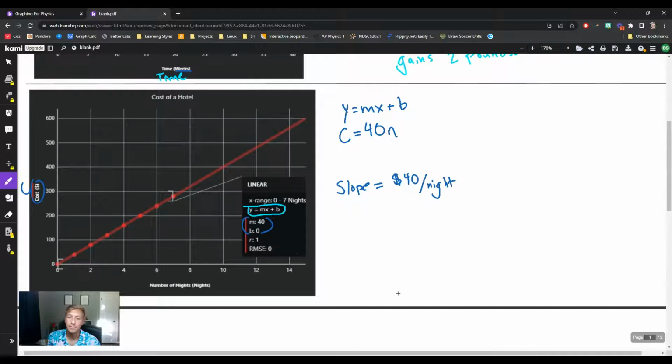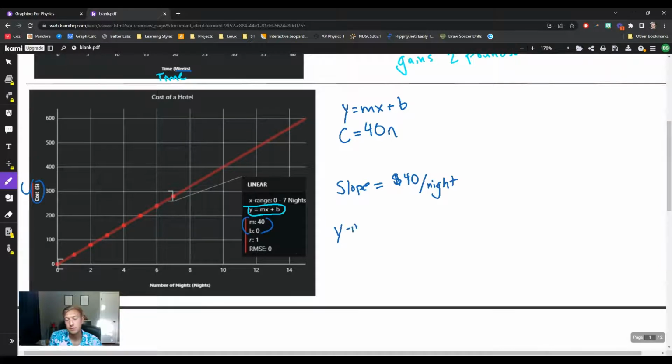Every night that you stay there costs you $40. Now that might change. So you could make a different model here. Maybe there's a deposit that you have to put down, and so maybe it's plus $100. You have to pay $100 before you even stay, something like that. Okay, but for now, $40 per night. So that's what the slope tells us.